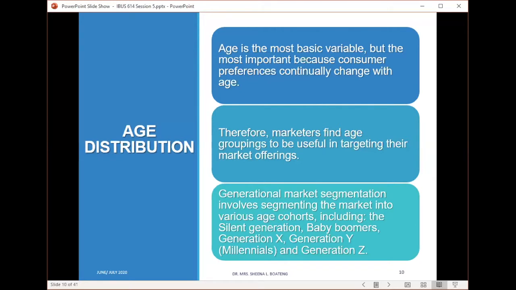And in doing that, we have been able to establish that, yes, indeed, like previous research has proven, generations differ based on their preferences, their needs and wants, as well as their reactions towards marketing mix activities. So the generational theory basically breaks down the generations into cohorts. Currently, we are at 7 cohorts. I ended at Generation Z because the latest cohort is yet to be firmed up, and that is the cohort that we refer to as the Gen Alphas.